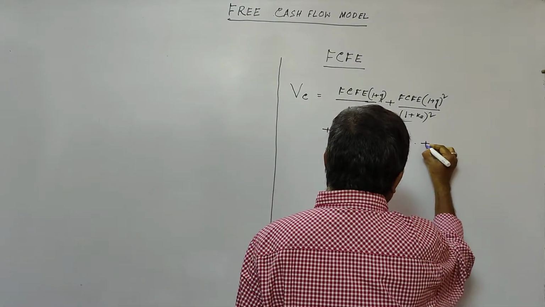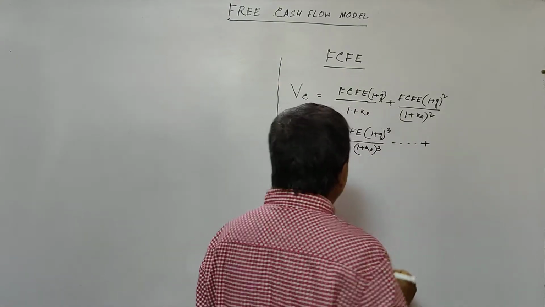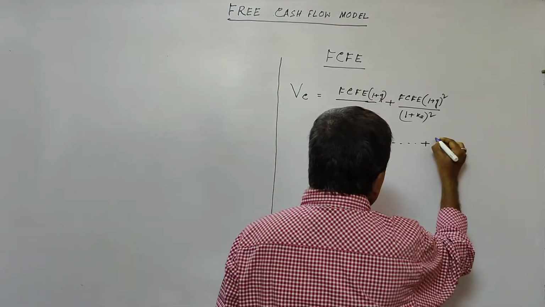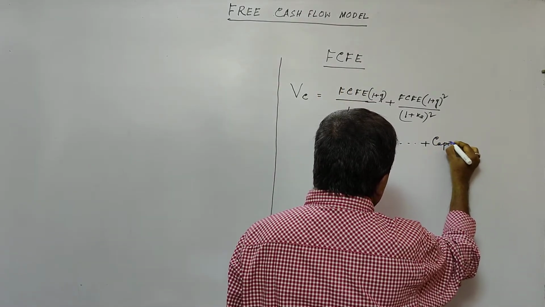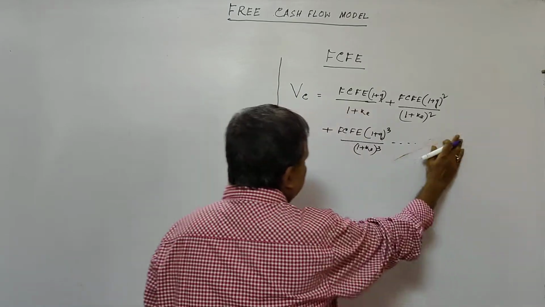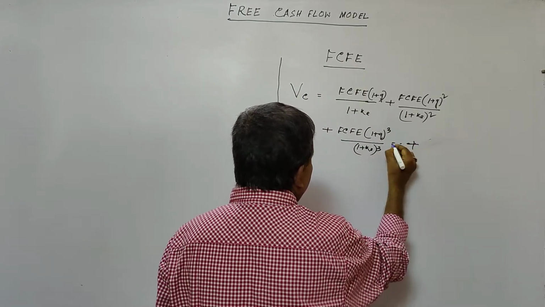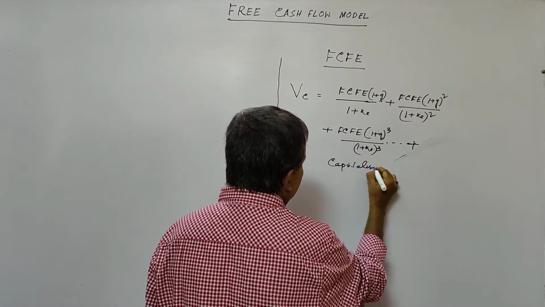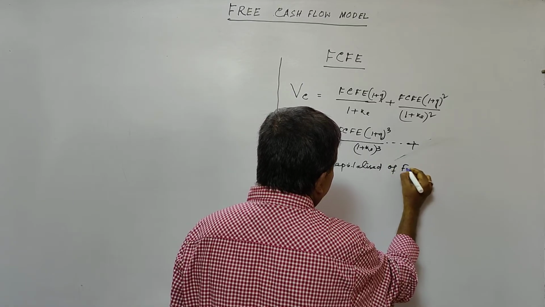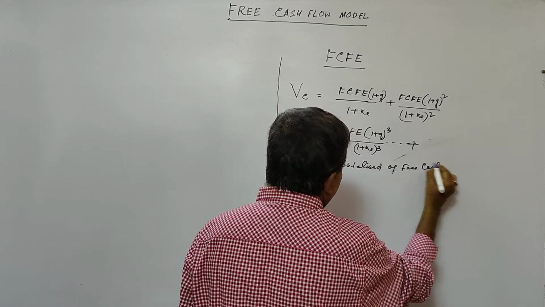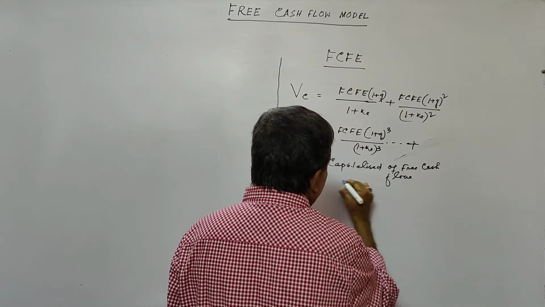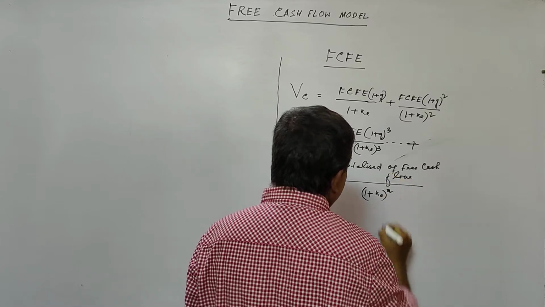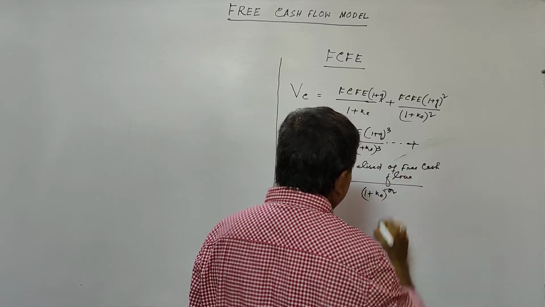And in case of perpetual growth, we shall take the capitalized value of your free cash flow. This is also divided by 1 plus K to the power m.